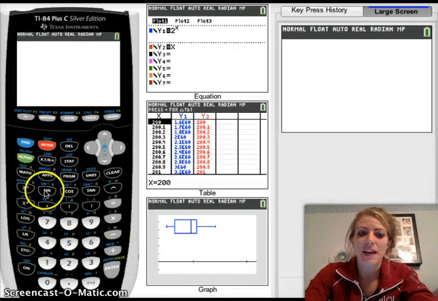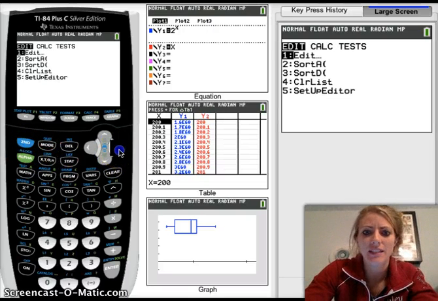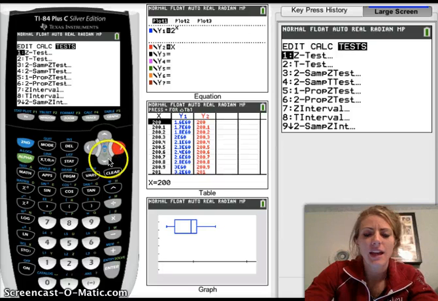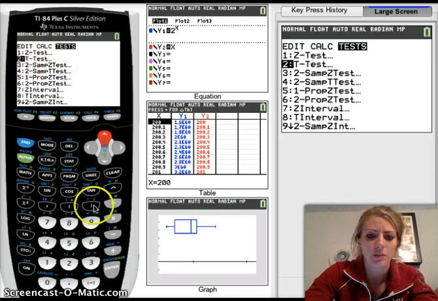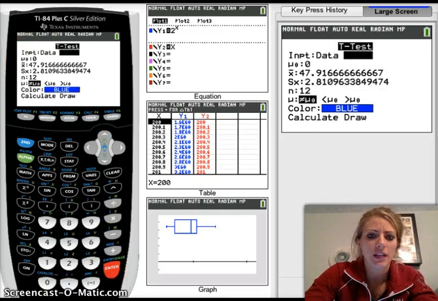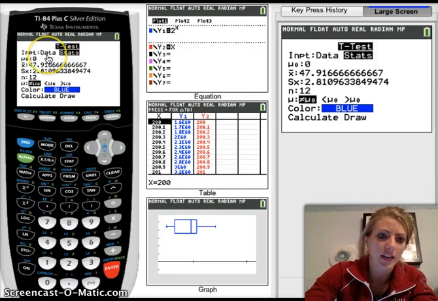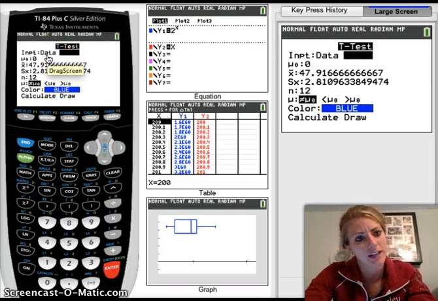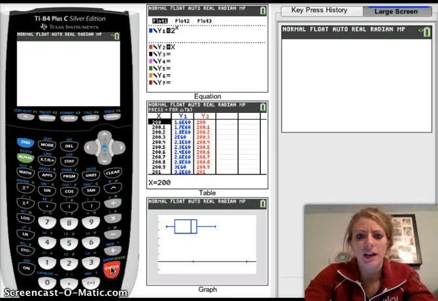And to do the same exact calculation in your calculator, you go to Stat Tests, and we did a t-test, but not with proportions, so we want just the normal t-test. And then you can enter either your statistics or your data, depending on if you entered data into a list, which we did. So let's do that.